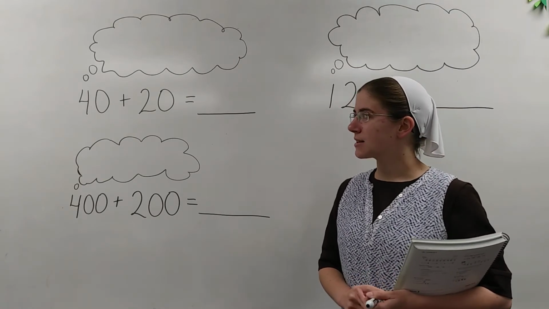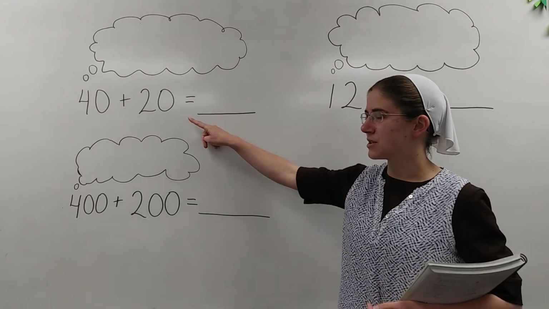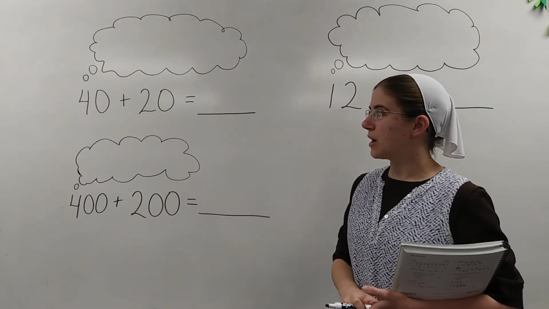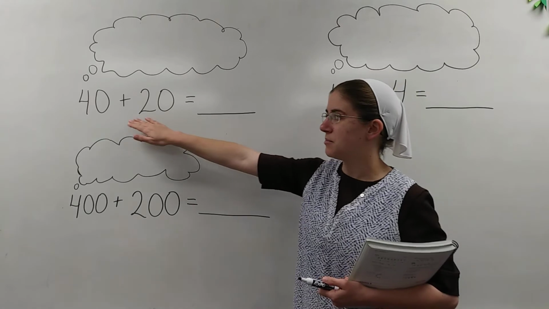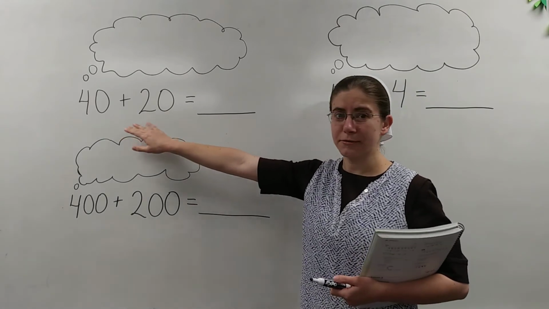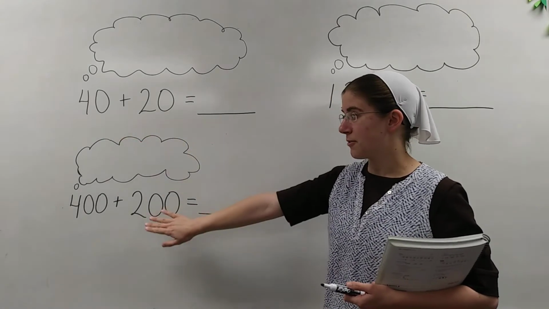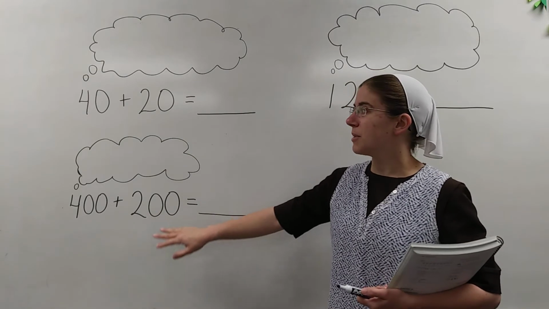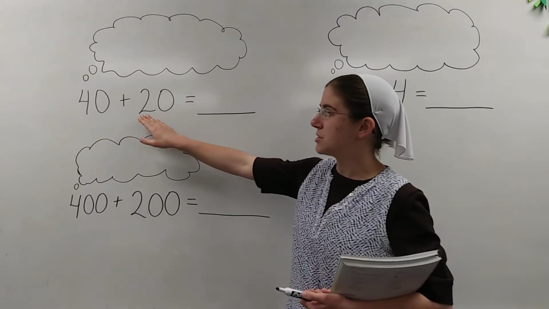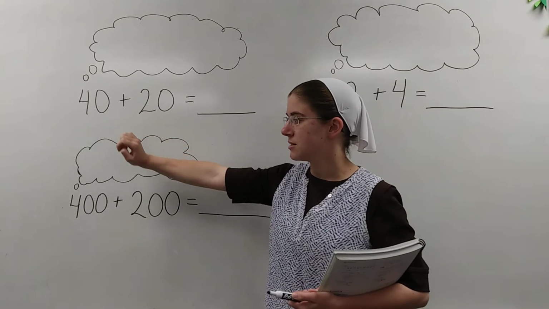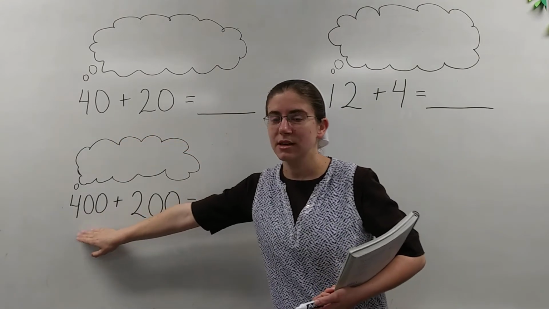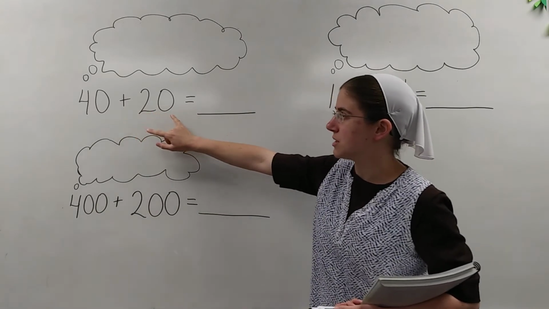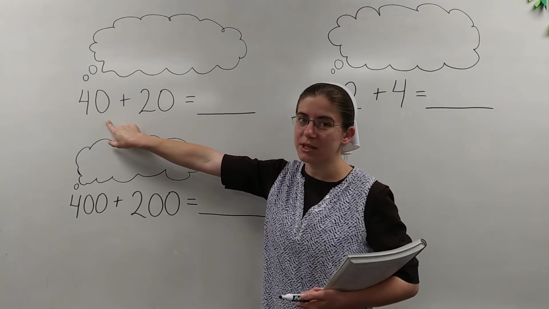Back in lesson 6, we learned that we can add big numbers like 40 and 20 and 400 and 200. We can add big numbers like that by adding the numbers in the tens place or in the hundreds place, since in these numbers there are only zeros in the ones place.